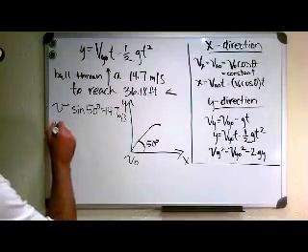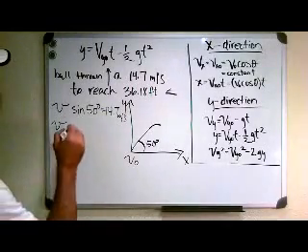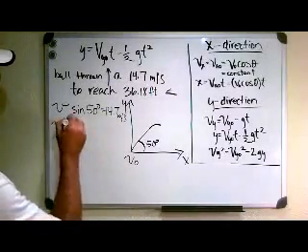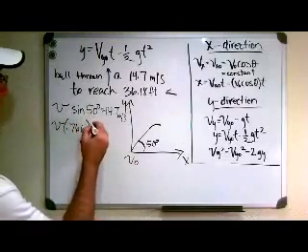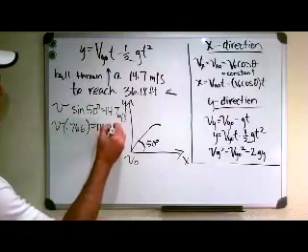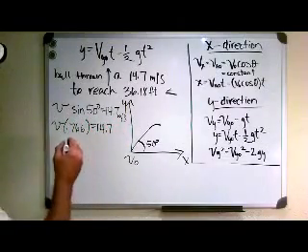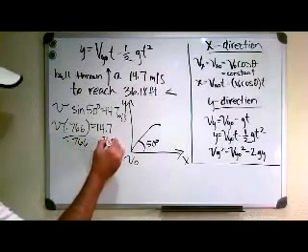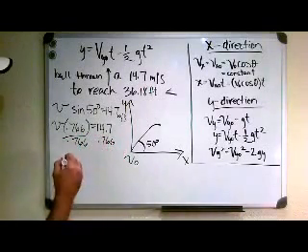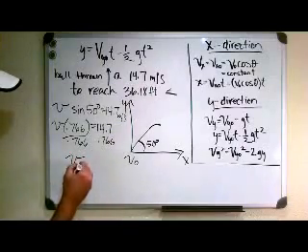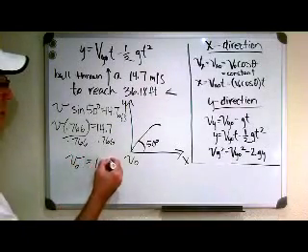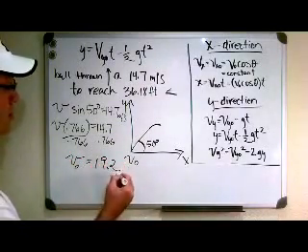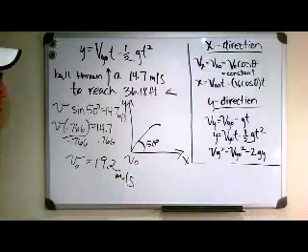So we take the velocity times the sine, which is 0.766, and that has to equal 14.7. Divide both by 0.766, and what we get is that V naught is going to equal 19.2 meters per second.